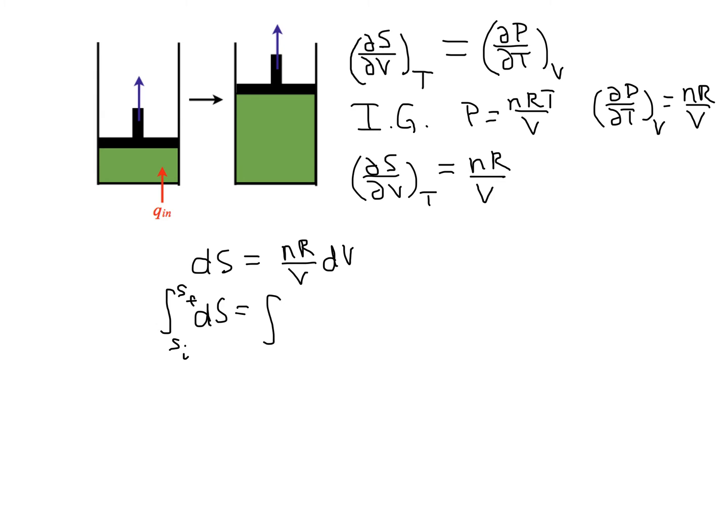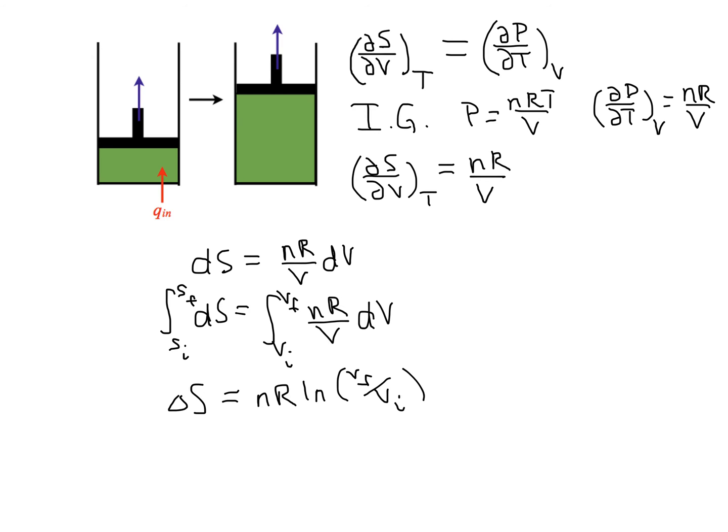In my initial state, I have an initial volume. In my final state, I have some final volume. And when I do these integrals, the first one gives me delta S, the one on the left-hand side. The right-hand side gives me nR, because those are constant, natural log of V final over V initial.